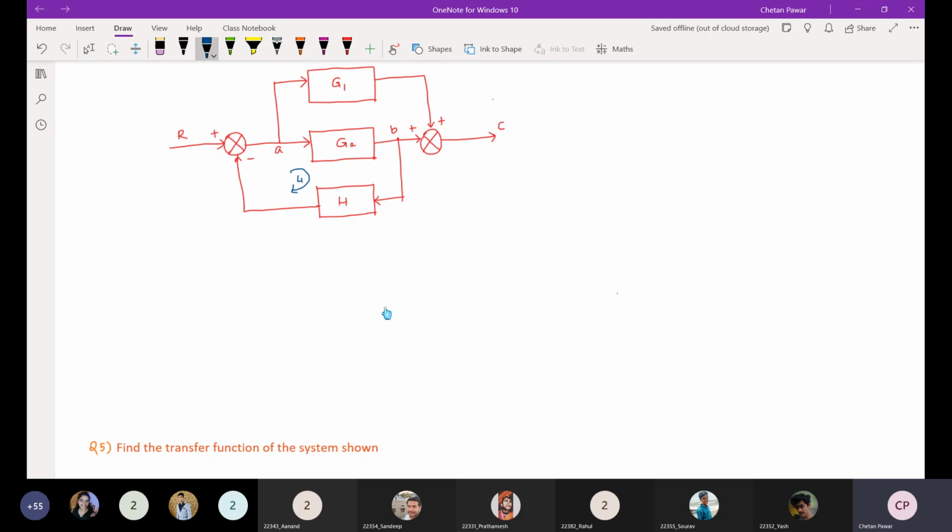For that purpose, we need to shift this takeoff point to this side. The first step will be shifting this takeoff point, so that after shifting it to this location, we can reduce this particular loop.